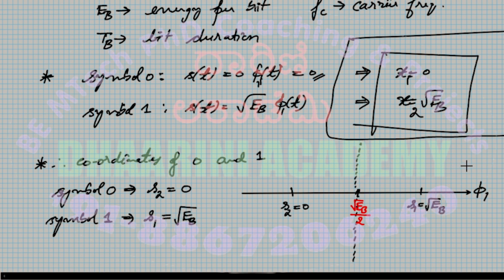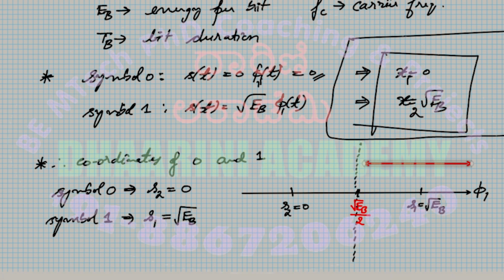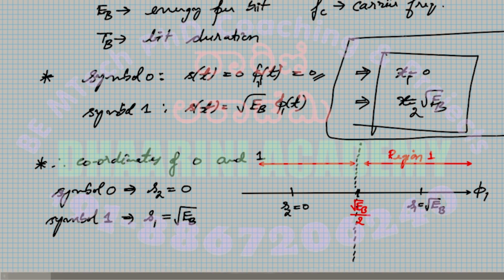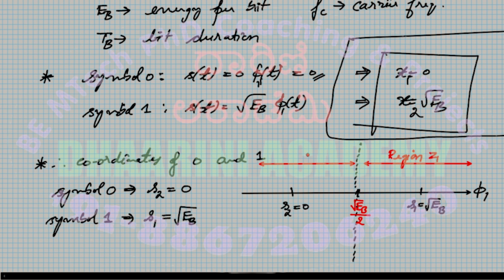This is one region, and on the other side I have another region. I'll go with the textbook notation. The textbook calls this region Z1, and this side is region Z naught.